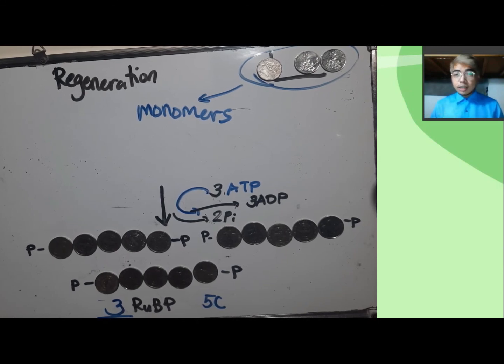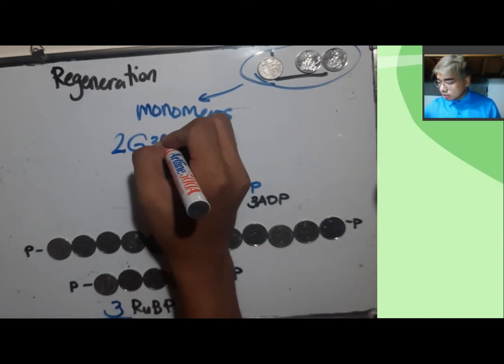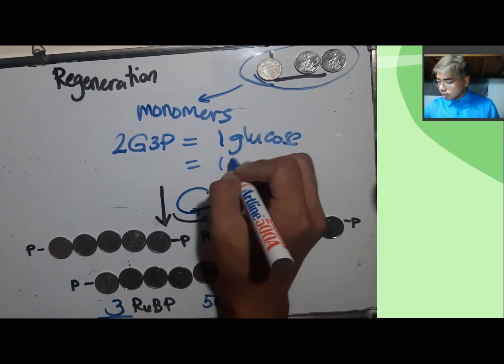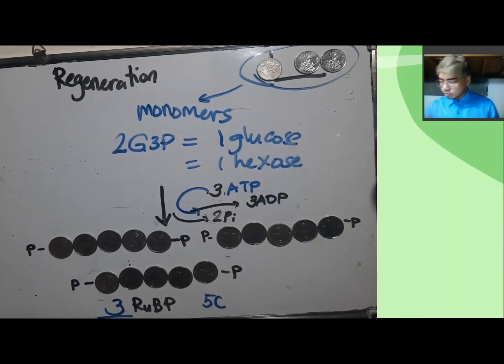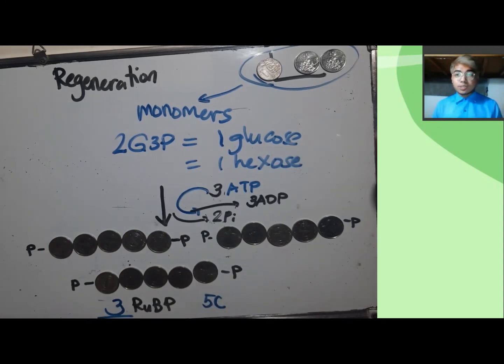But if you want to create glucose, you need 2 G3Ps to create 1 glucose molecule or 1 hexose. So you can see in this particular case, in every 3 cycles, you are going to release 1 G3P. In every 6 cycles, you are going to release 2 G3Ps and create 1 glucose molecule. So imagine how many times the Calvin cycle will happen for us to create a complex carbohydrate.